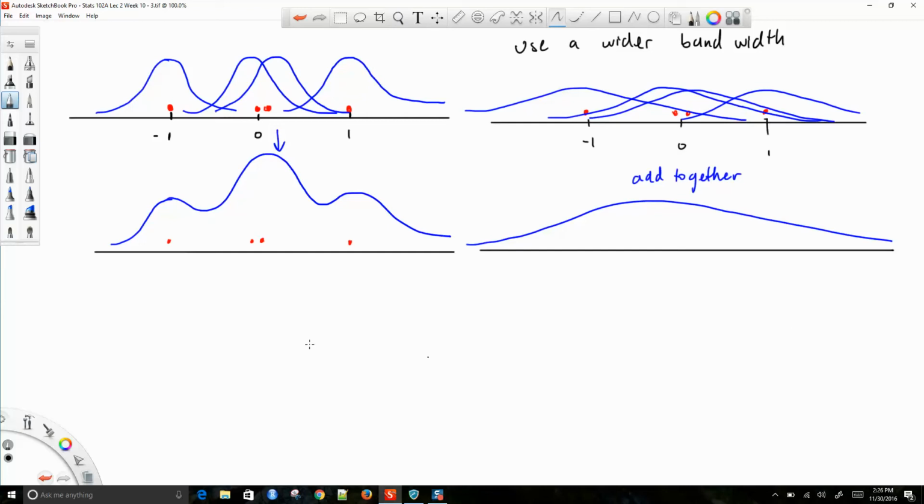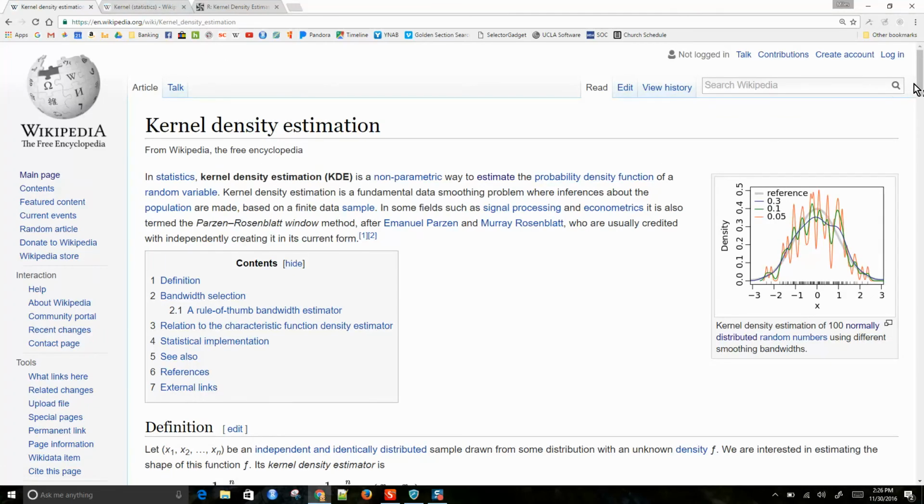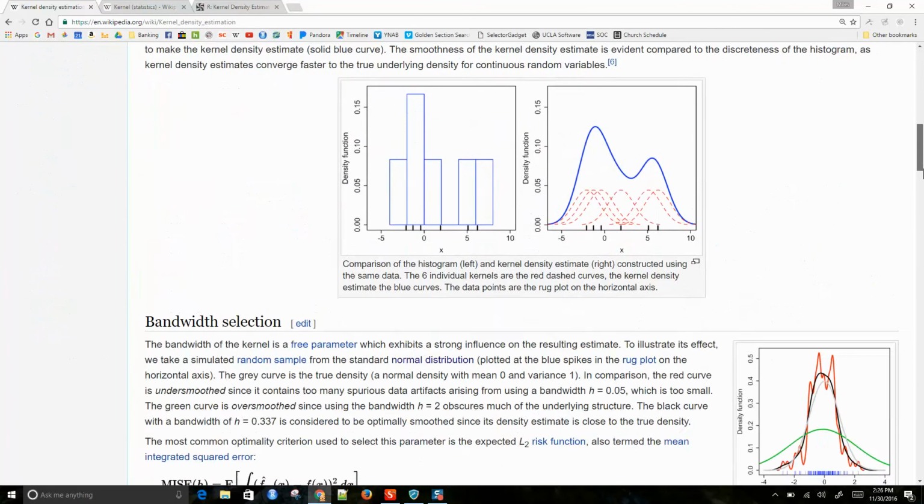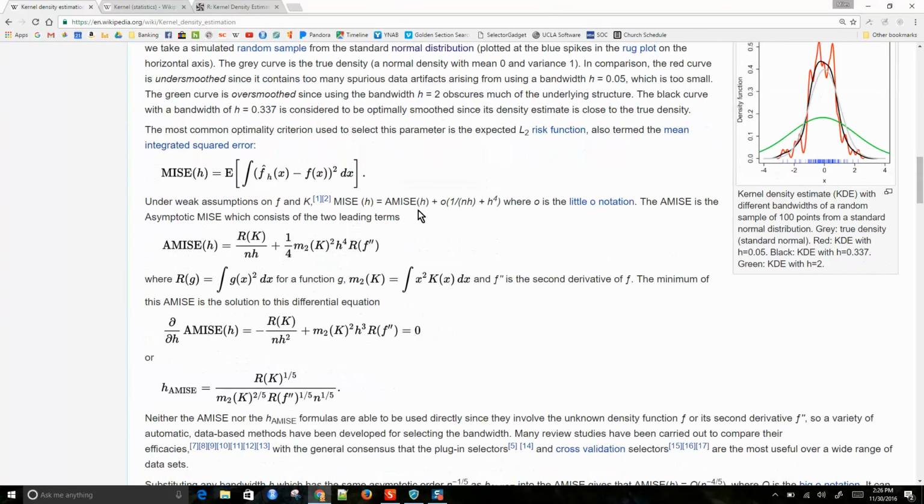Okay, and so there's a lot of discussion. You can go to Wikipedia and look up kernel density estimation, and talking about kernels in general, there's a lot of discussion about the appropriate bandwidth that you should be using.